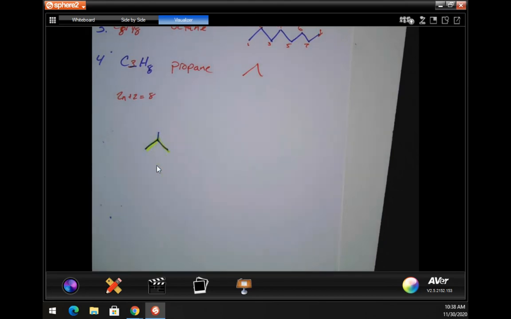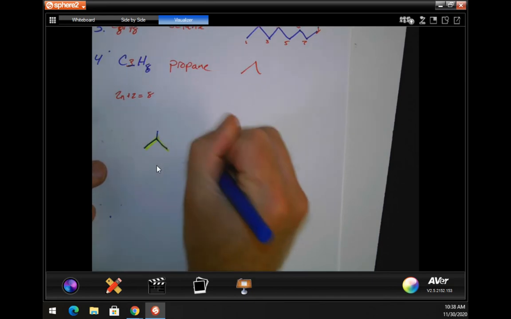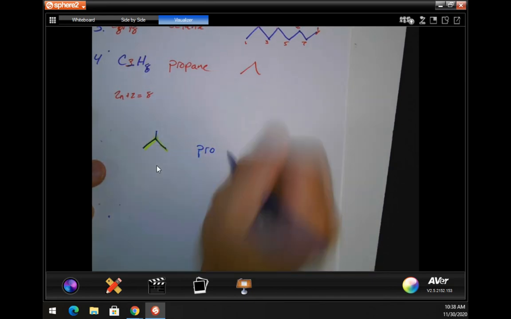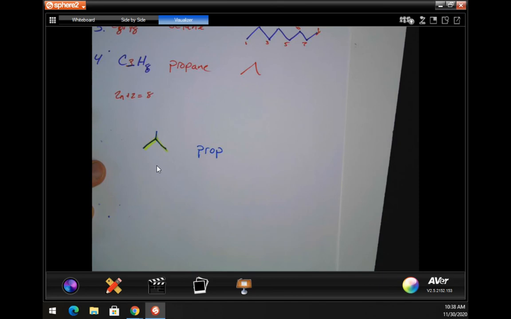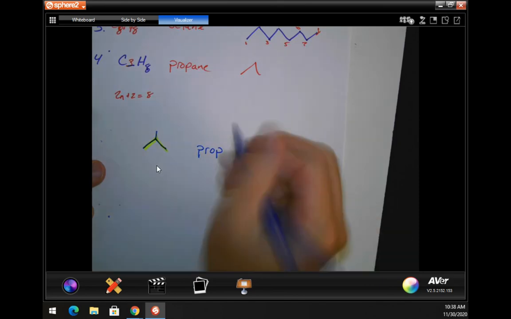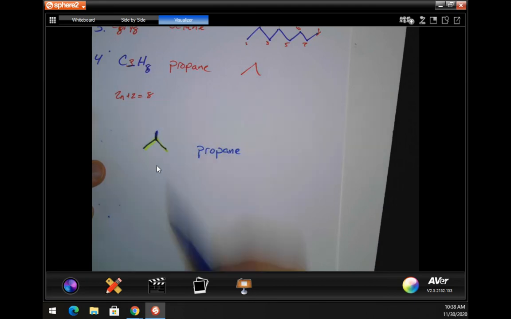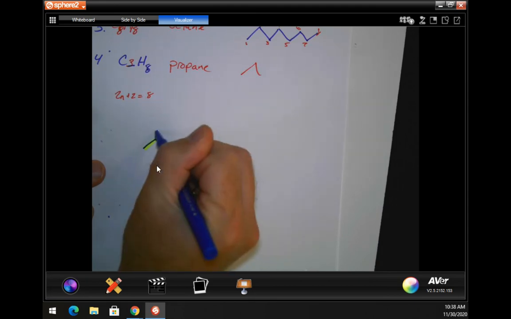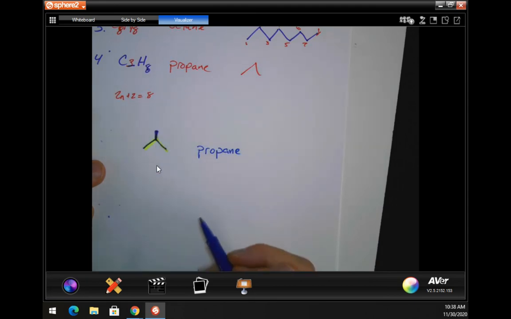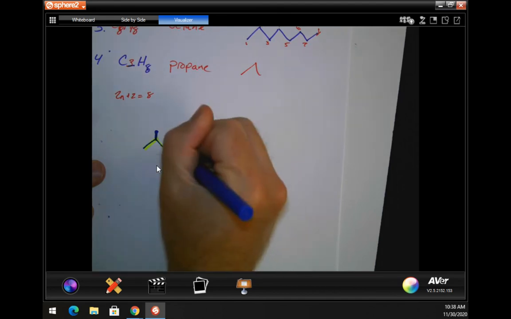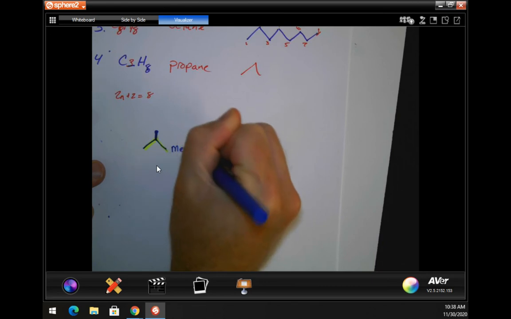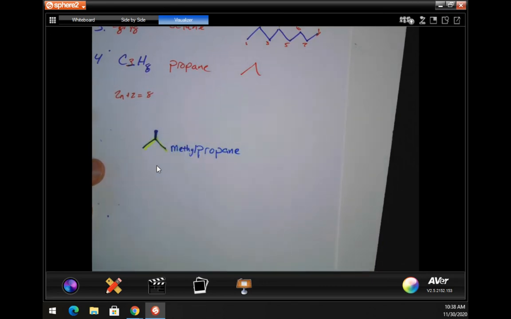So the longest chain is going to be prop. Are they all single bonds? Yes, so it's ane. But then I've got this thing that's sticking off here. That is a single carbon. What is the prefix for one carbon? So this is methyl. This is methylpropane.